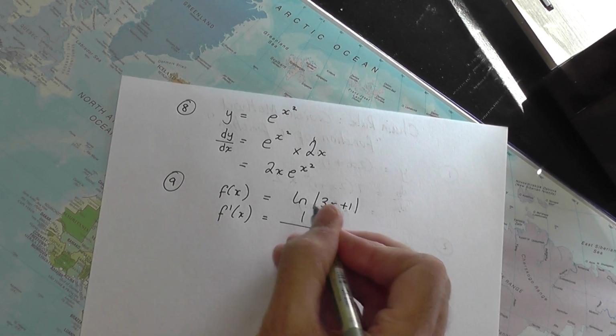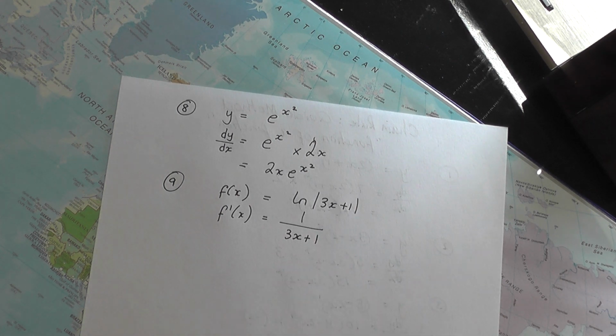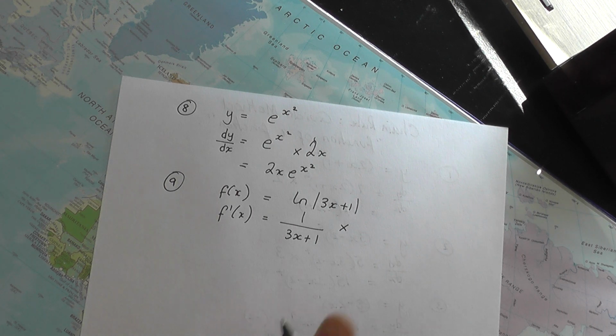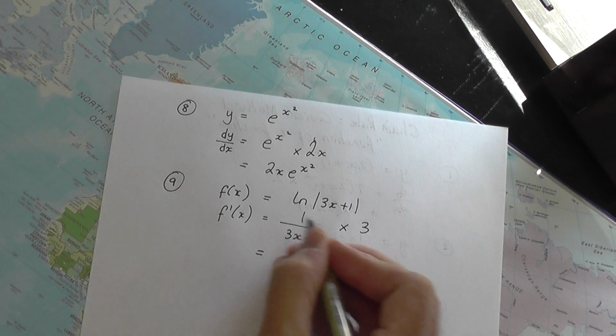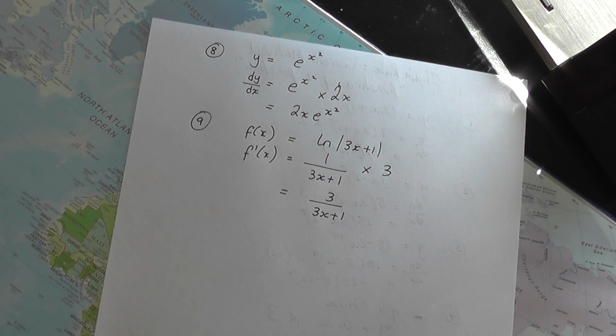It changes log of 3x plus 1 to 1 over the 3x plus 1. That's the first step. That's dealt with the log. And then you multiply by, and then you go inside the 3x plus 1, differentiate it, you get 3, and you multiply by that 3. This simplifies to 1 times 3 is 3 over 3x plus 1. And there's your final answer for this log.